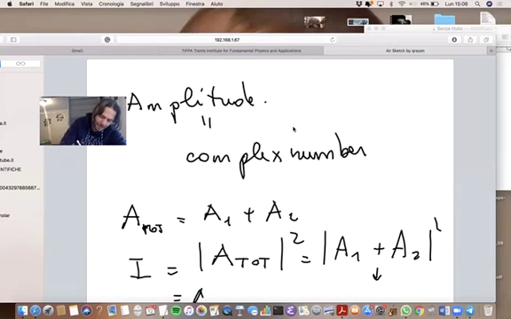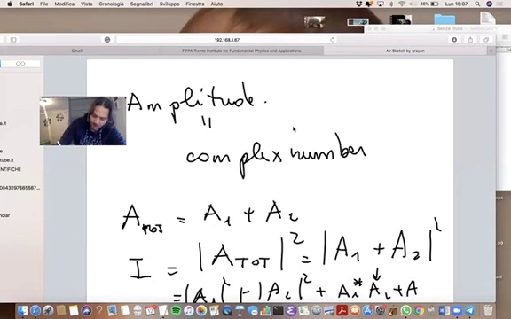This will be the modulus of amplitude 1 squared plus the modulus of amplitude 2 squared. But there will also be a cross product or interference term, which is basically, if I do that, A1 star A2 plus A1 A2 star. These are the interference patterns.